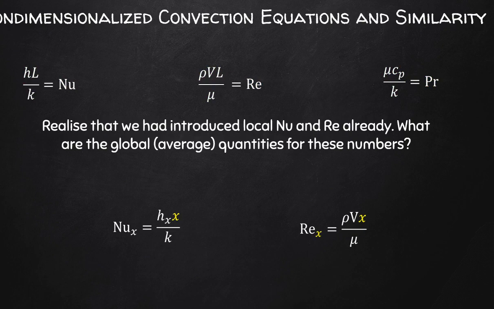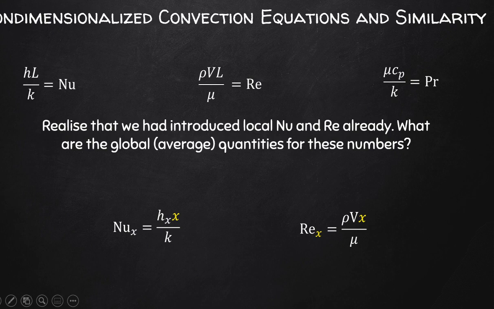Now, when we look at these dimensionless numbers, we will notice that these numbers are based on position. So we can define a local Nusselt number, we can define a local Reynolds number, but we can also define an average or global Reynolds number and Nusselt number as well.